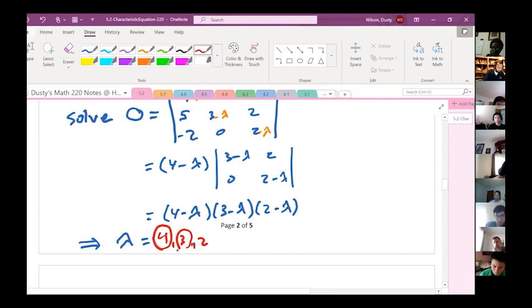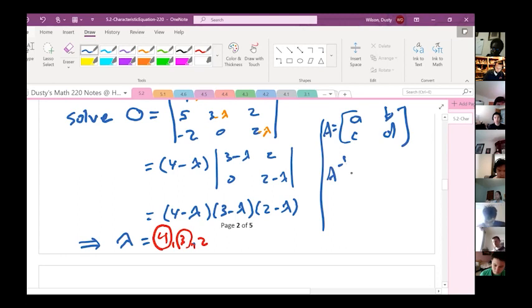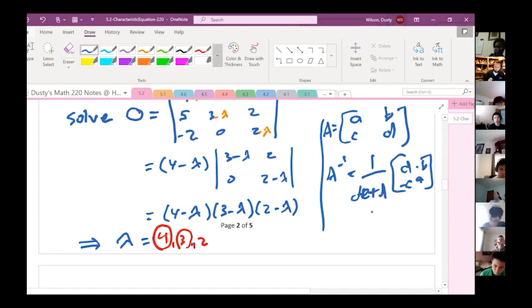So remember, if you're finding the inverse of a matrix, if you have A, B, C, D, this is your A, then A inverse is equal to 1 over the determinant of A times D, minus B, minus C, A. And what we care about here is actually the determinant itself, not the inverse. Does that make sense? Cool. All right.